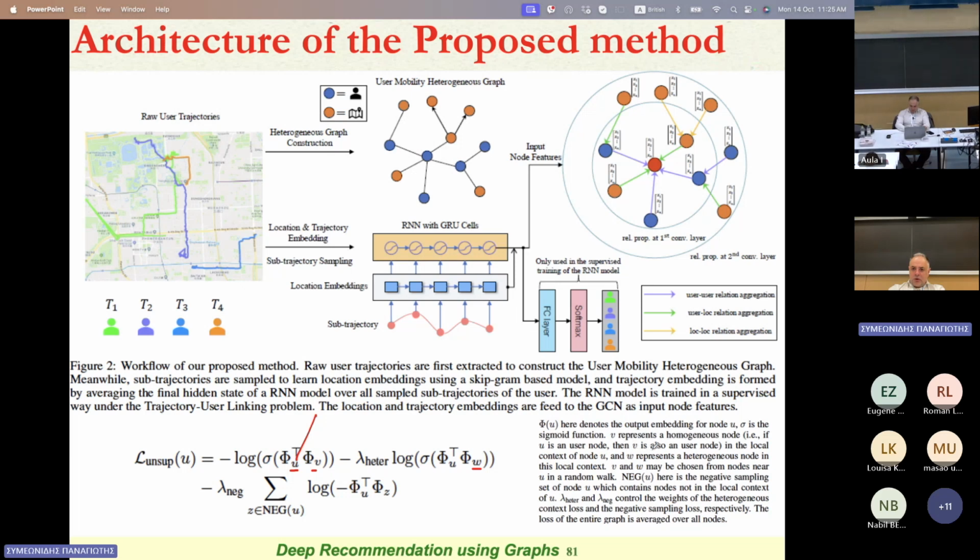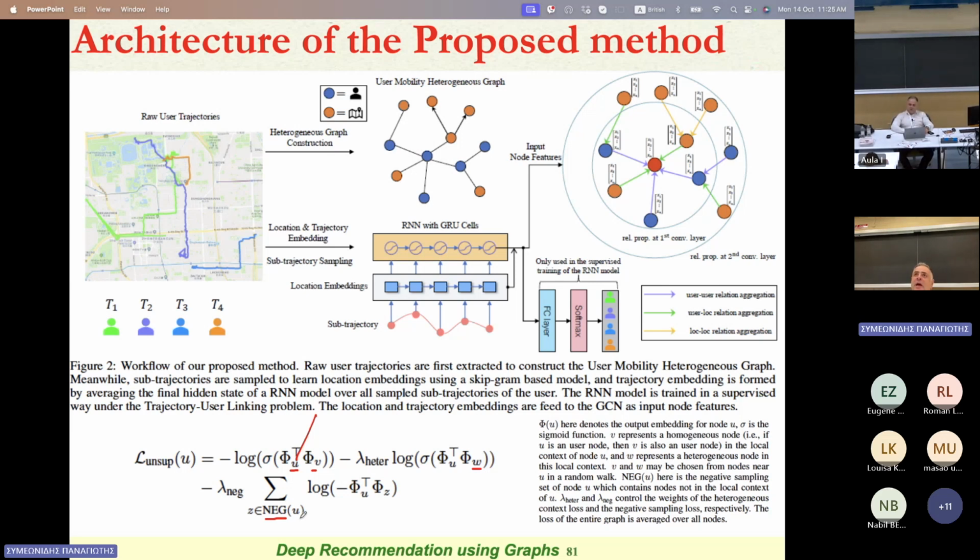V is also a user node, and there is also W. So there are different types of nodes in this case. And also there is the negative sampling.